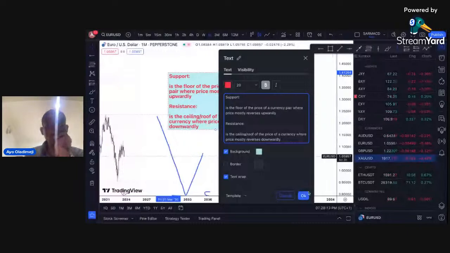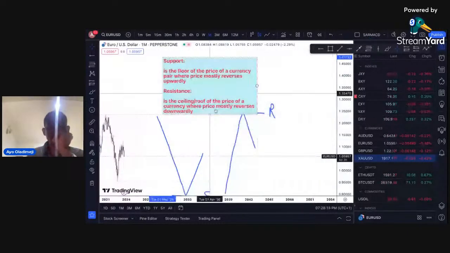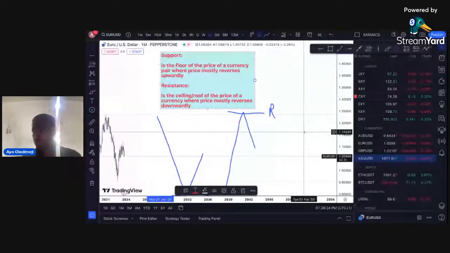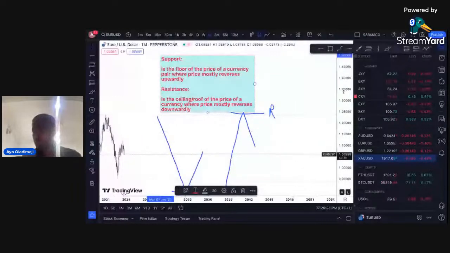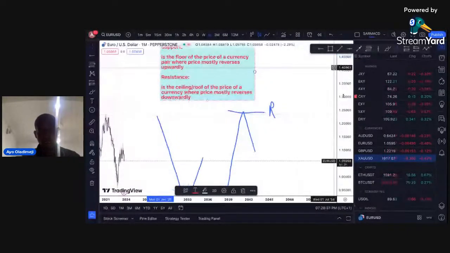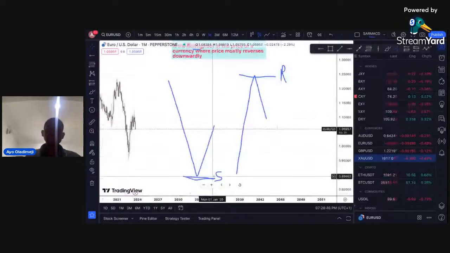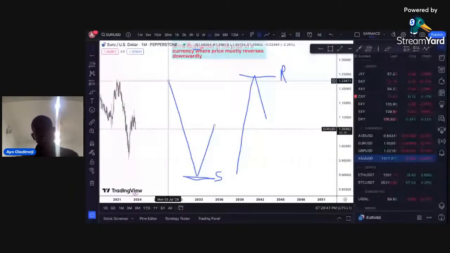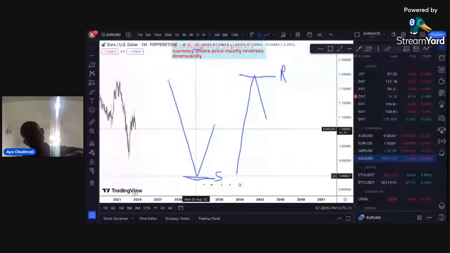So these are the definitions. A support is the floor of the price, just like I described to you here, the price level where price begins to rise. The characteristic of a support is that price before the support level must have been falling, and once it gets to the floor, it's going to bounce, reverse and go upward.